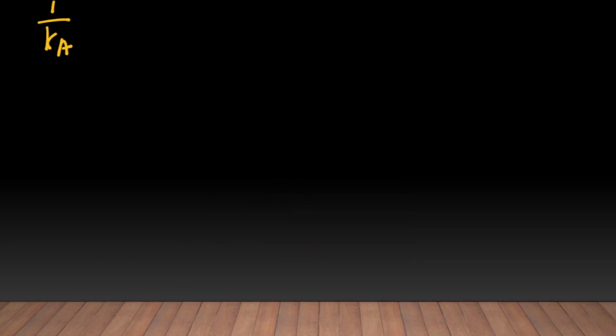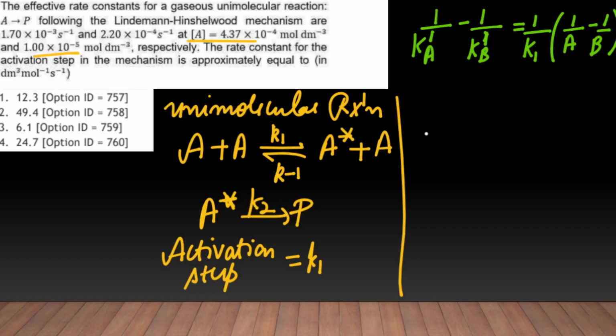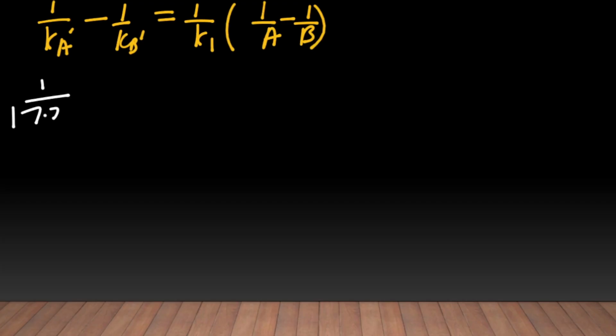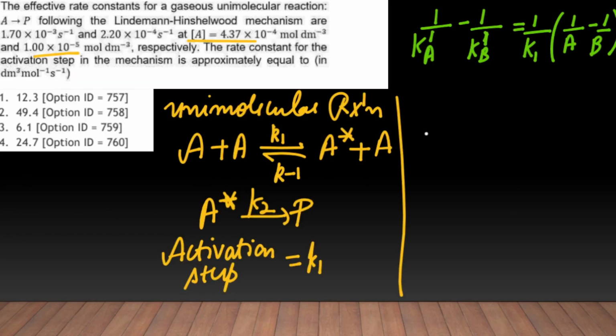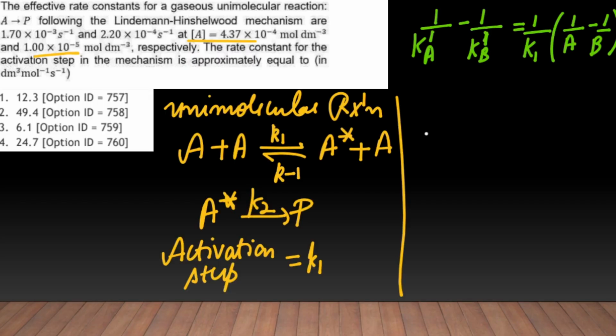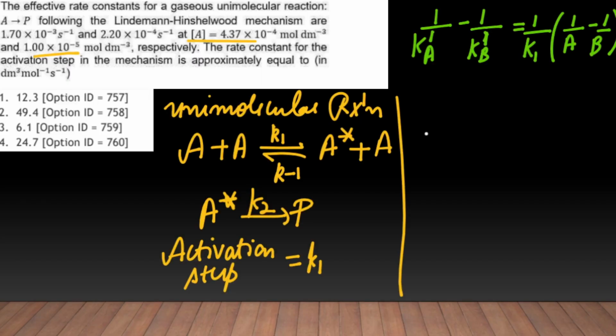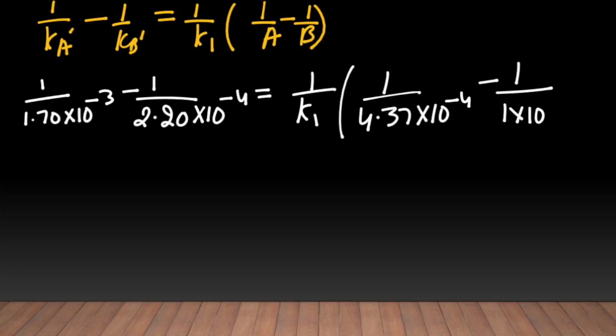So we have 1 by Ka dash minus 1 by Kb dash, the observed rate constants, equal to 1 by K1 into 1 by A minus 1 by B. Here, 1 upon 1.70 into 10 to the power of minus 3 minus 1 upon 2.20 into 10 to the power of minus 4 is equal to 1 upon K1 into 1 upon A, which is 4.37 into 10 to the power of minus 4, minus 1 upon B's concentration, which is 1 into 10 raised to the power of minus 5.